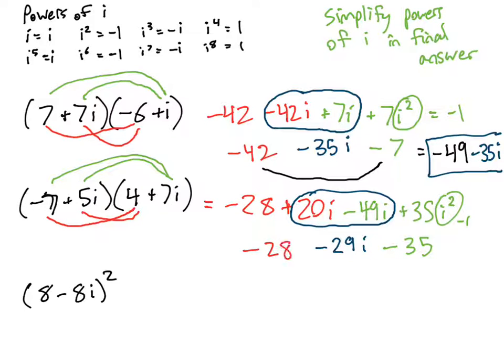And now we can combine together the real parts of this answer, negative 28 and negative 35 gives us negative 63. So our final answer is negative 63 minus 29i.